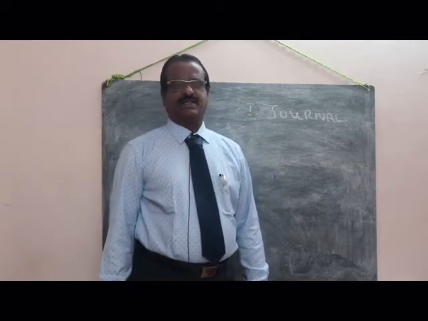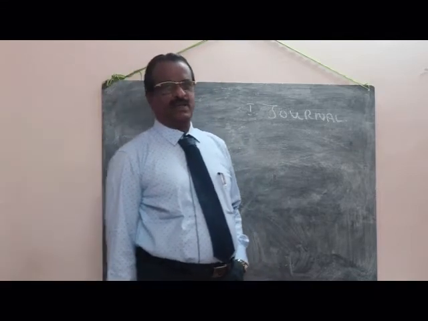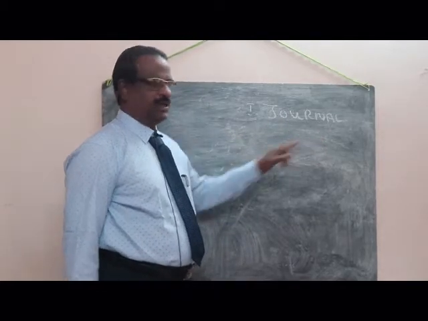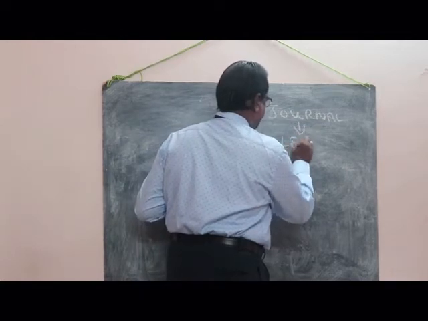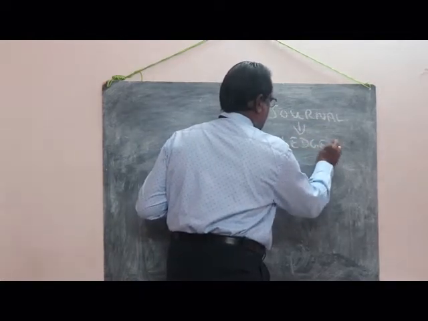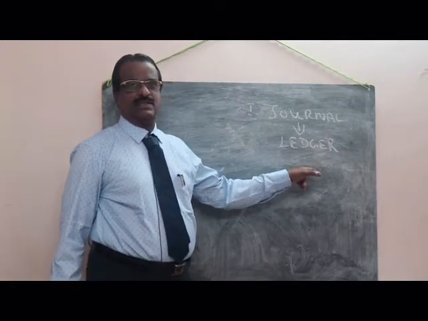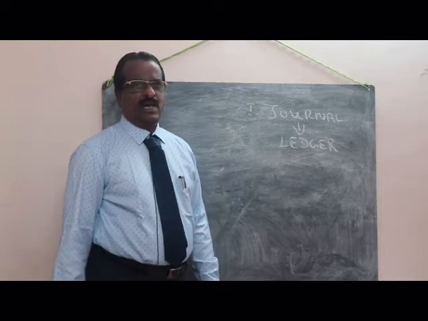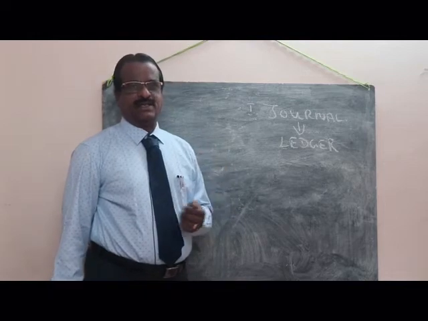The next characteristic of accounting is classifying. After passing journal entries, you must classify them into the ledger. This is classifying: subsidiary books, cash book, various accounts. After classifying, you must summarize.